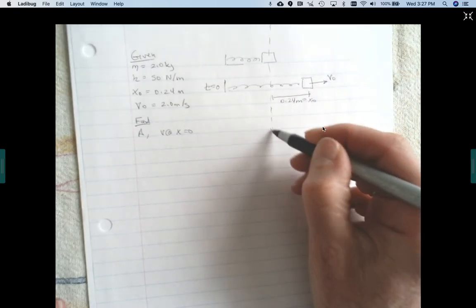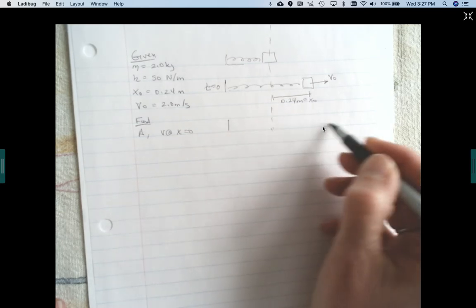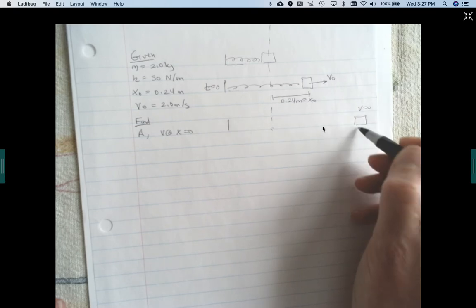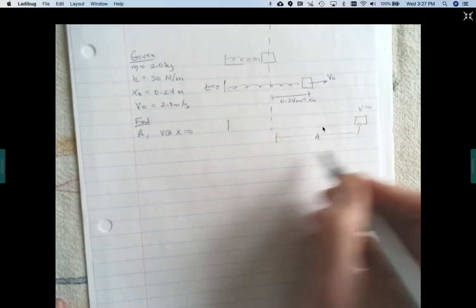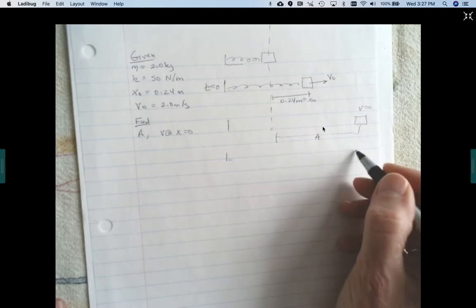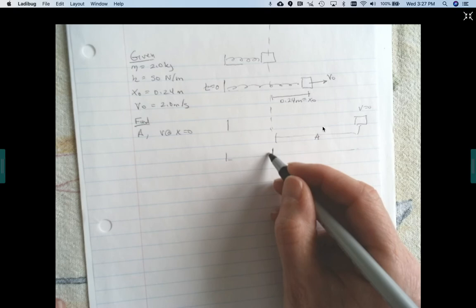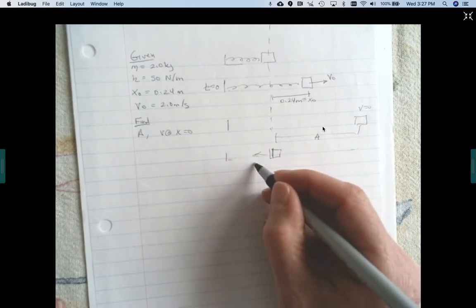Then at some later point, it's going to go out to its maximum displacement here, where its velocity will be 0, and its position will be equal to the amplitude. And even sometime later, it'll come back in and pass the equilibrium going this way.